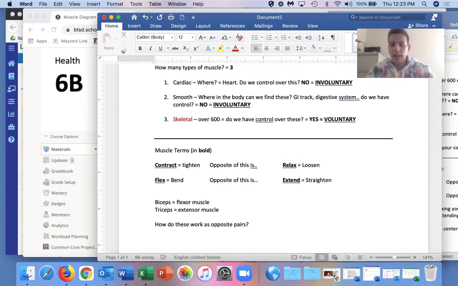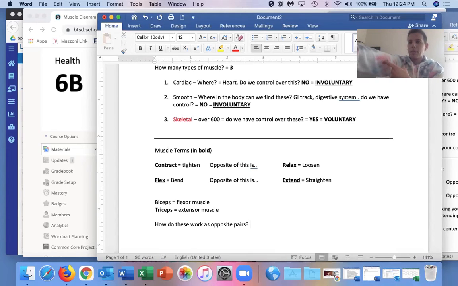So take a minute, and how would you explain how they work as opposite pairs? This isn't something that we learned, but based on the information, the biceps brachii contracts, and it does what to my arm?